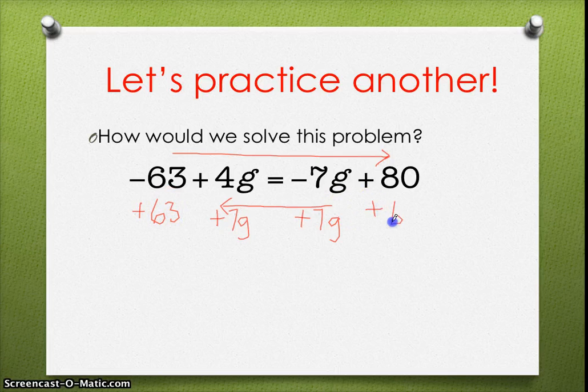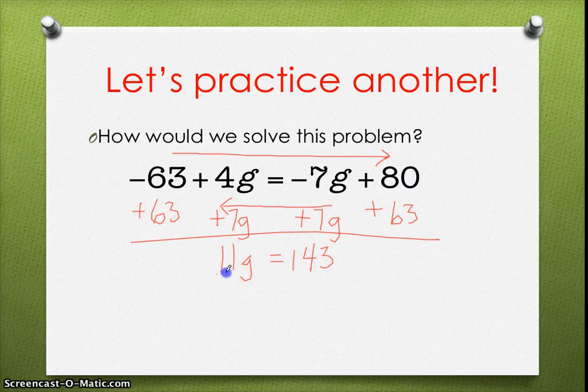So when we add the 63 to both sides, when we balance this equation, we only have constants on the right side and variables on the left side. So we have 11G equals 143. Once we get to this stage, it's a one-step equation. You divide both sides by 11, and you get G equals 13.